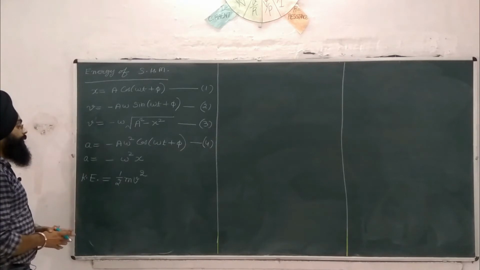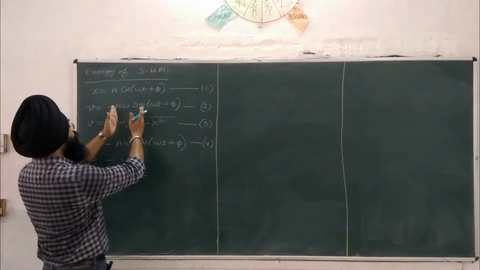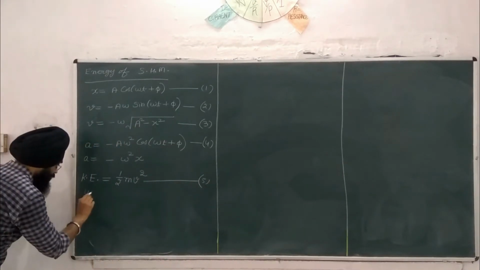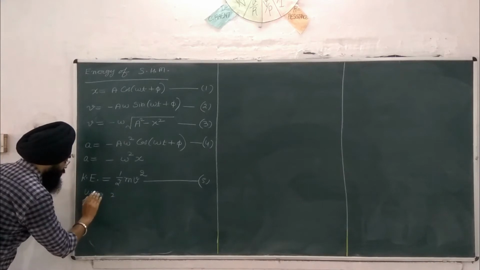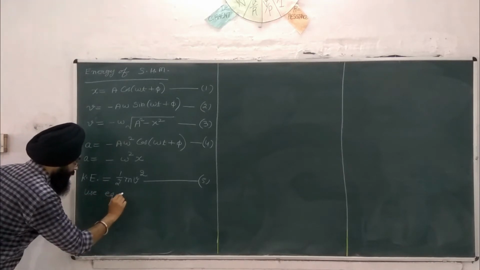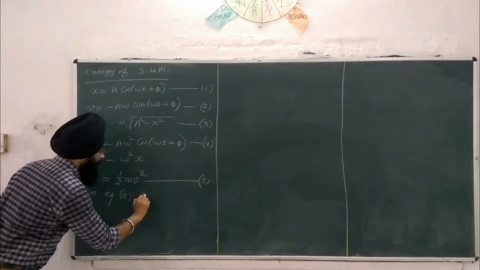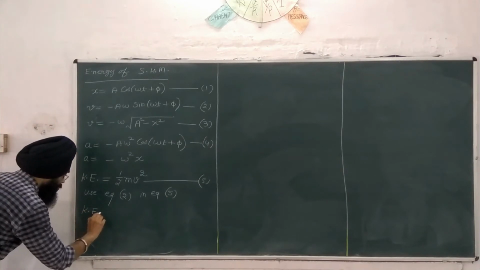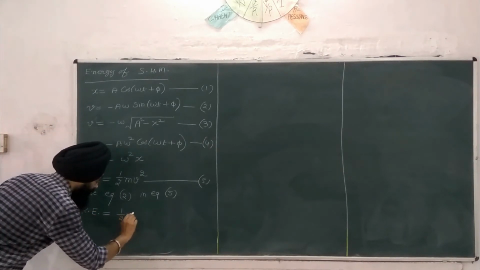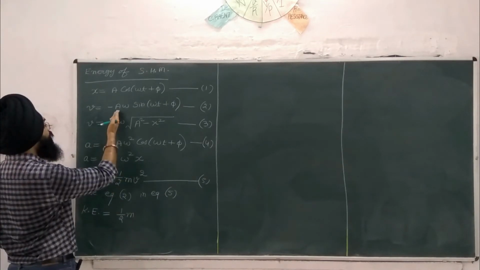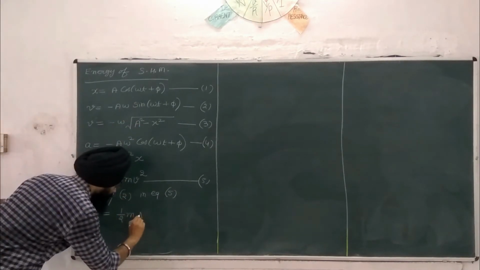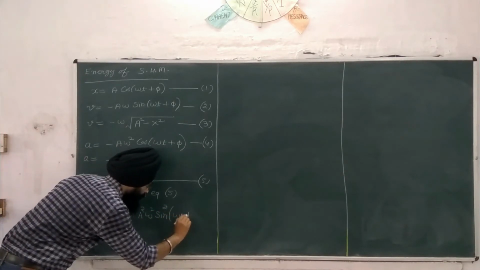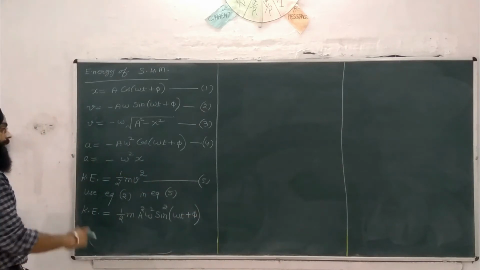Now if I put the value using equation number 2 in equation number 5, we get kinetic energy equal to half m A square omega square sin square(omega t plus phi). Let it be equation number 6.